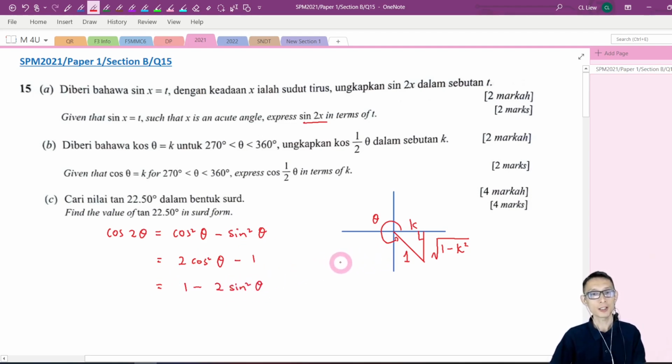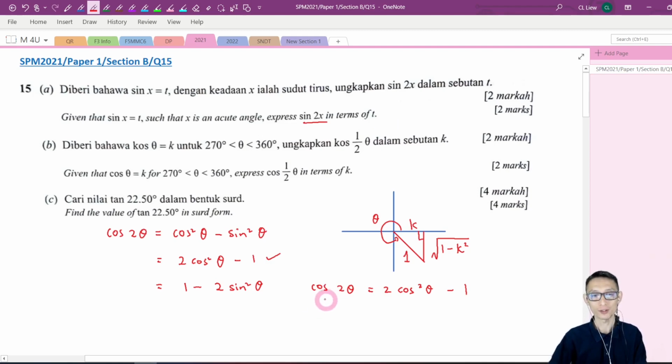Okay, so here I think I will use this one. Let me rewrite the formula again: cosine 2 theta is equal to 2 cosine squared theta minus 1. But now I'm looking for cosine theta over 2. This 1 over 2 times theta is the same thing as theta over 2.